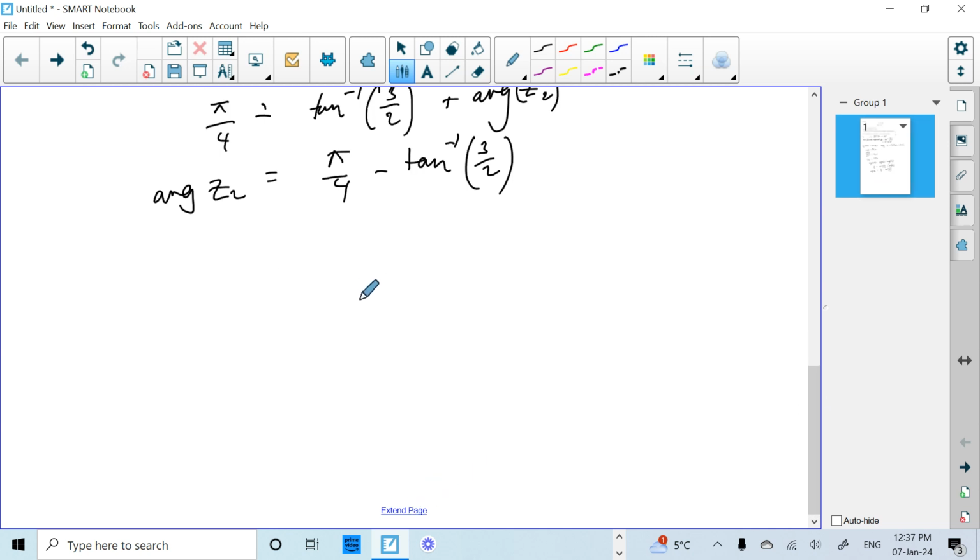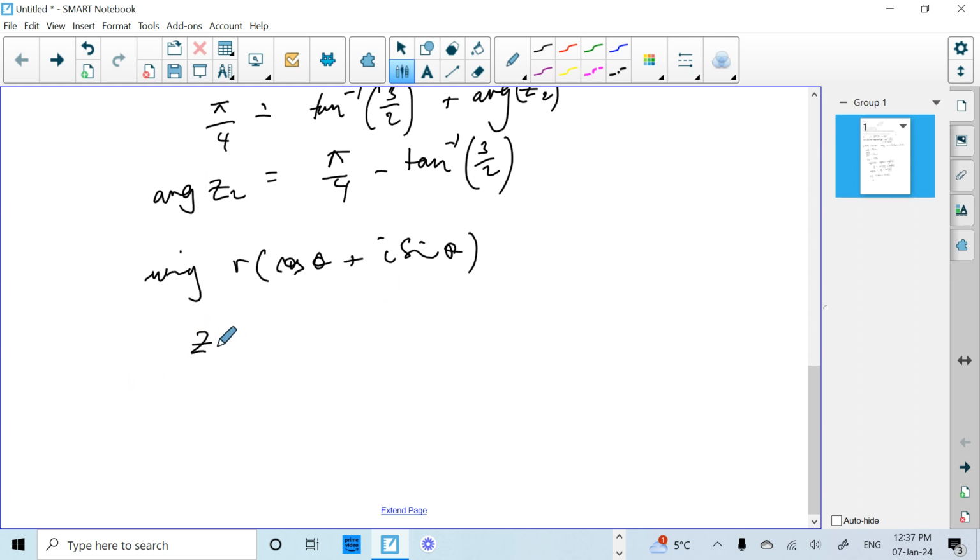And here we go. We're going to use the modulus argument form, r cos theta plus i sin theta.